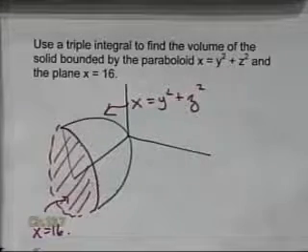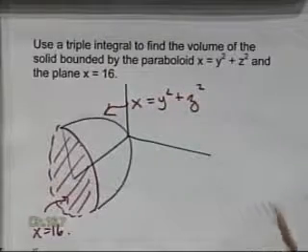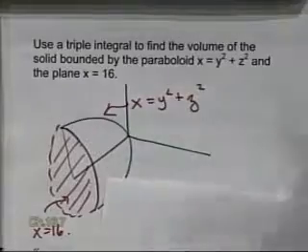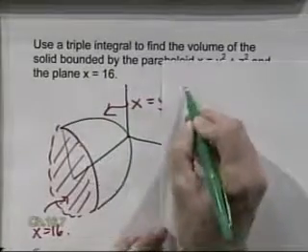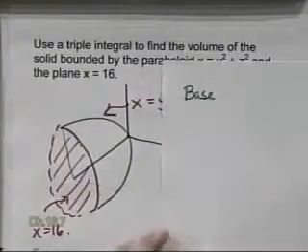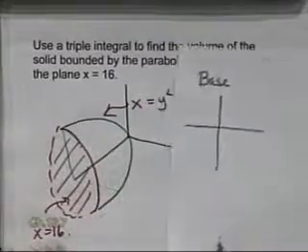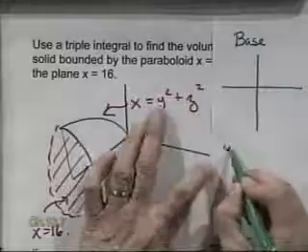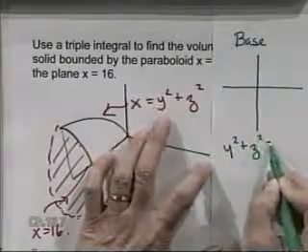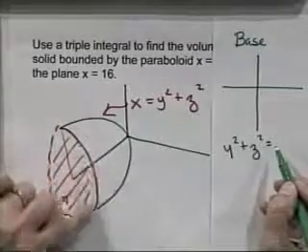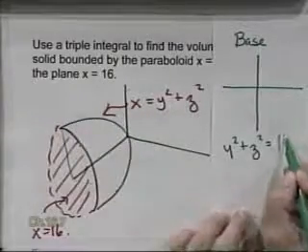You guys tell me, where's the base? The circle. Definitely the circle. Let's draw our base. Notice if x is 16, the equation for the base is y squared plus z squared equals 16, because you see all these points are on the paraboloid, but x equals 16.